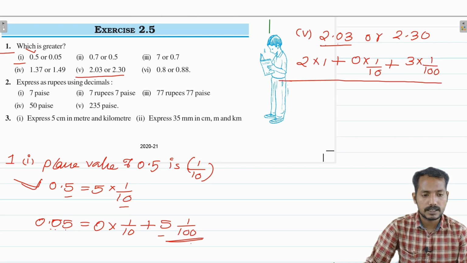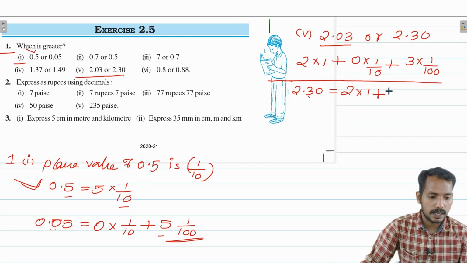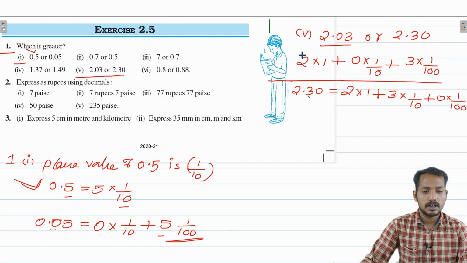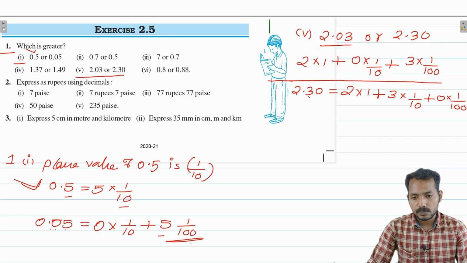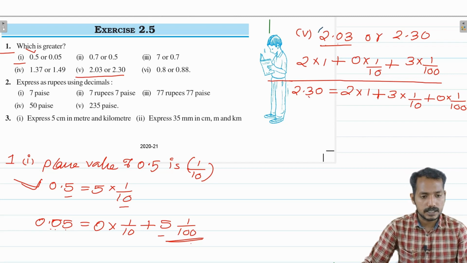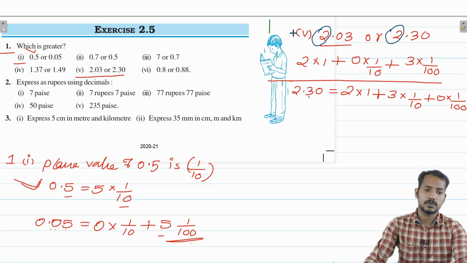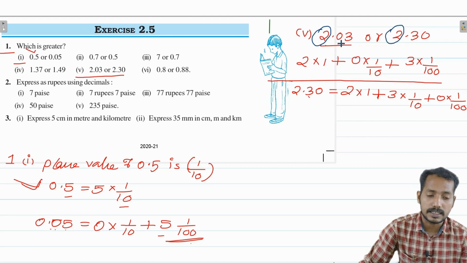Now we take the second number, that is 2.30. 2.30 is equal to 2 into the 1's place plus 3 at the 10th place, 3 into 1 by 10 plus 0 into 1 by 100. Now up to the 1's place the digits are equal, so we cannot compare there. Now let's compare the 10th place.